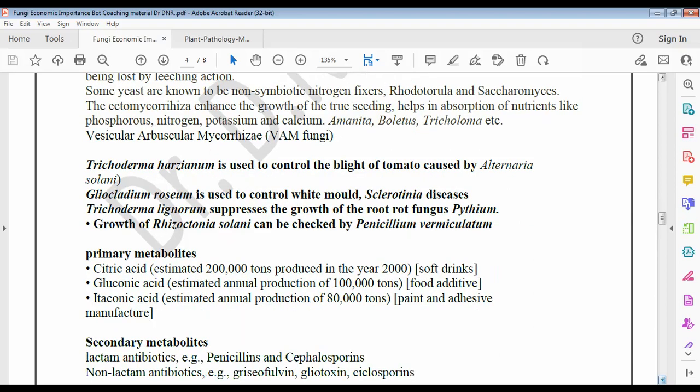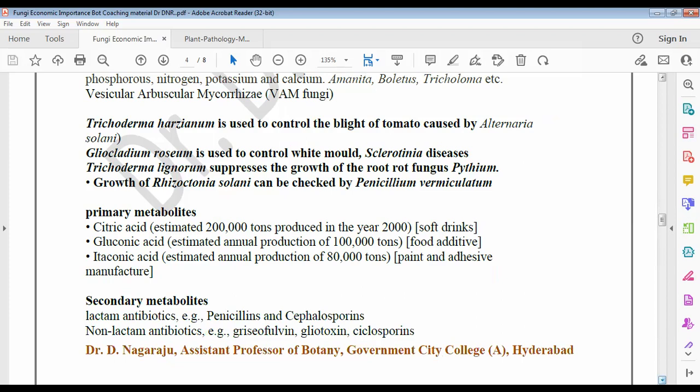Okay, and so many diseases also will be controlled by using Trichoderma and Penicillium.